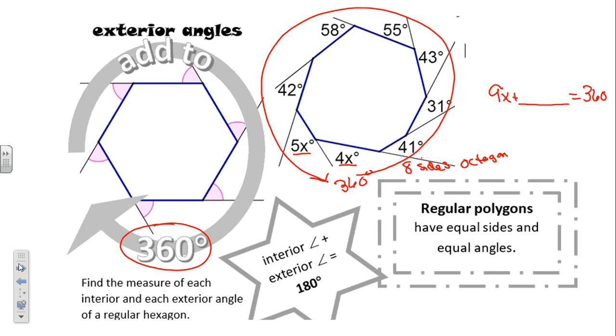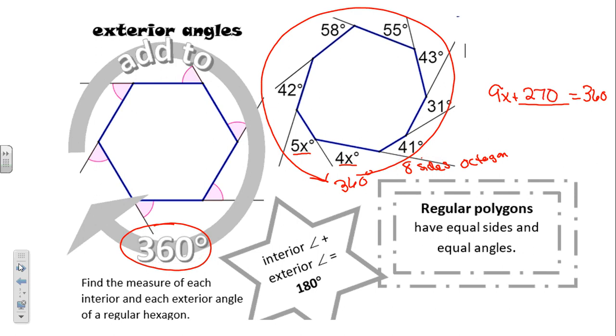So we had 5x and 4x, so that's going to get us 9x. Those are our like terms for variables. And then 41 and 31 is 72. 115 and 5 is 120, plus 5 is 170. So we're at 178, 228, 230, 270.